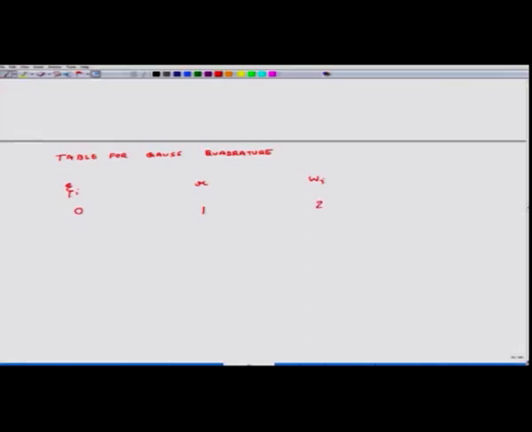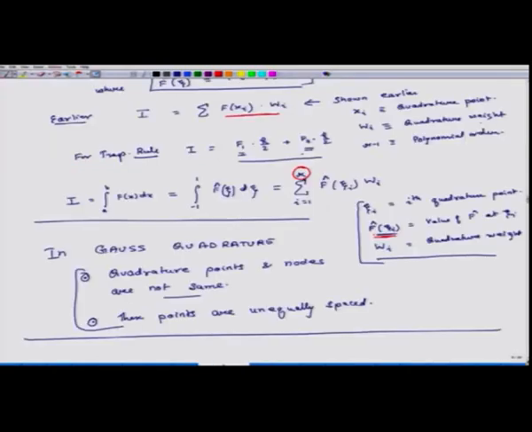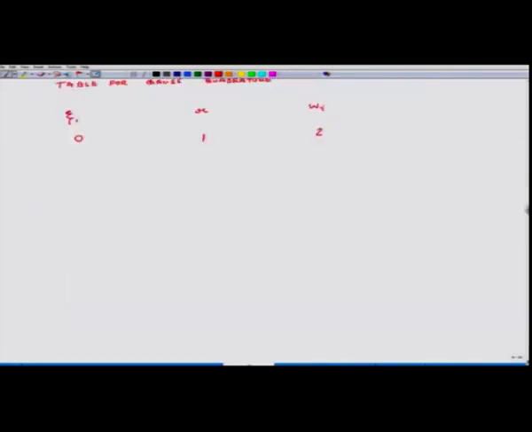So if you are using one quadrature point to do the integration, you evaluate f hat at 0 times the weight number, which is 2, understood? Then you say, oh, I don't like it, I want to be more accurate, okay.